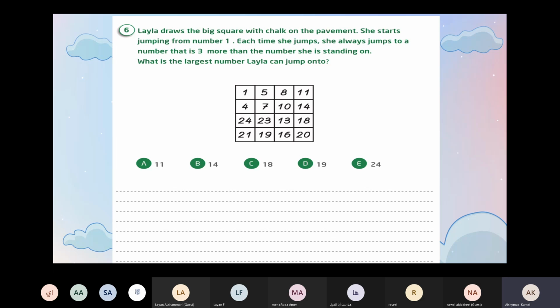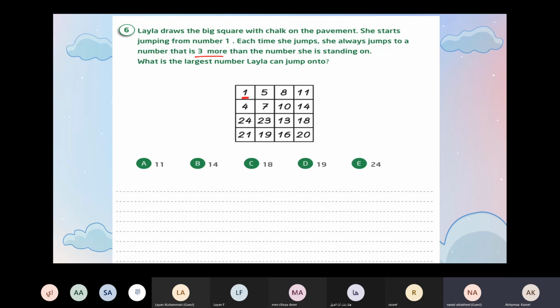So what do you understand from here? Don't tell me the answer directly. What do you understand from number 6? I think that Layla starts from number 1. She jumps 3 more. So from 1, she will jump to which number?